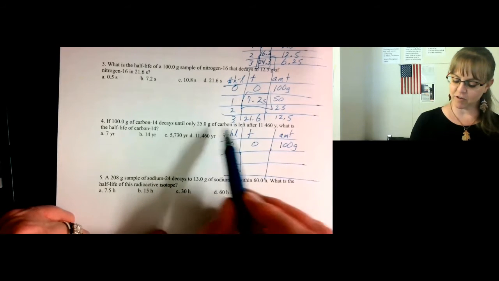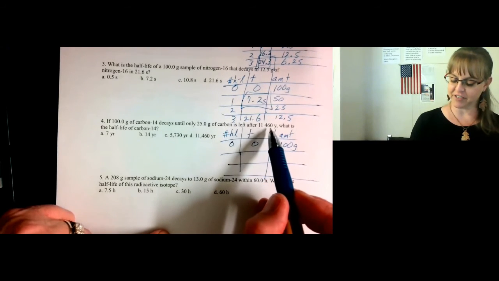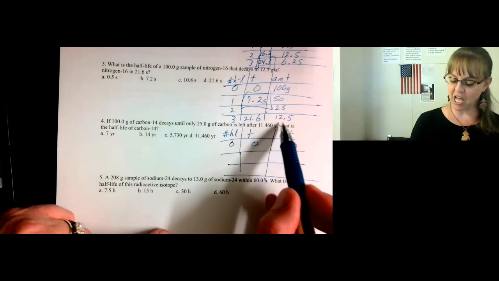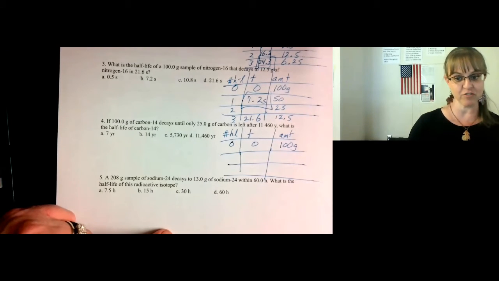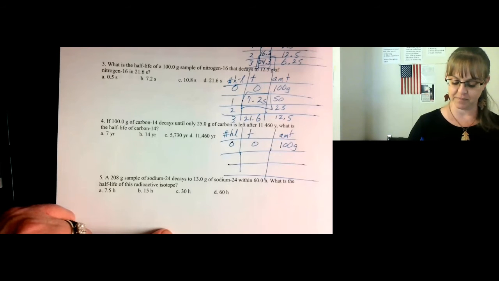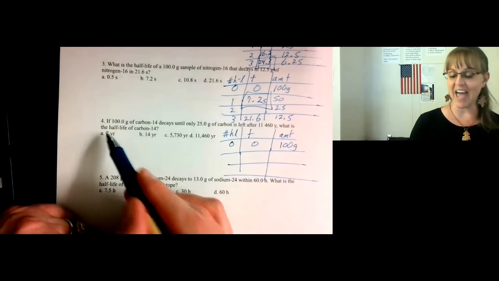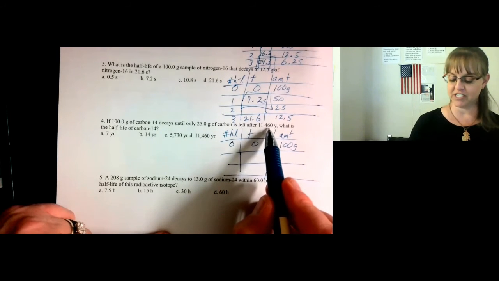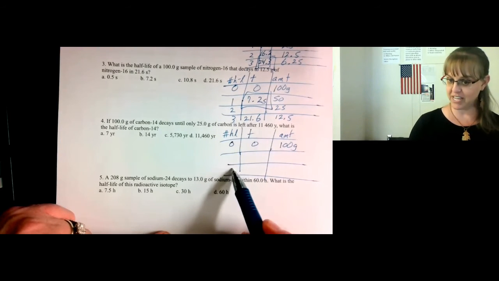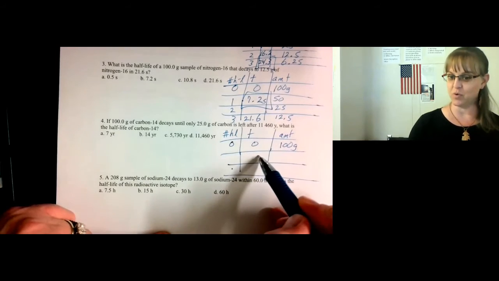Then 25 grams is left after 11,460 years. So that's the time when you're at 25 grams. So beside 25 grams, write a time of 11,460 years. Now they want the half-life. They want 1 half-life. Take 11,460 years divided by however many half-lives, and that will give you 1 half-life.